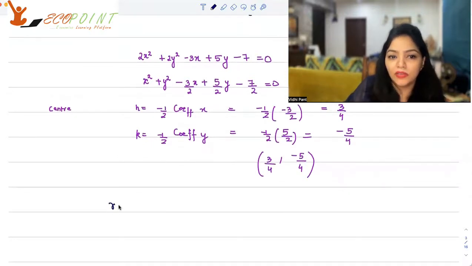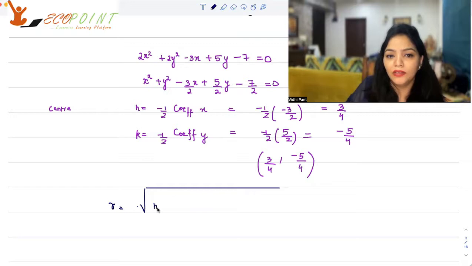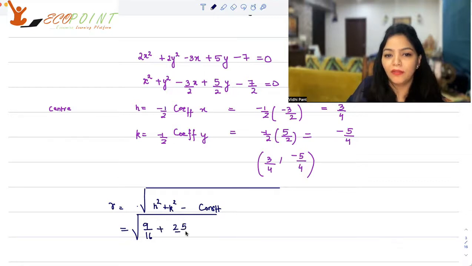Radius, as I mentioned, is the square root of h square plus k square minus the constant term. So it's going to be the square root of 9 by 16 plus 25 by 16 minus the constant term. Now, what's your constant term?